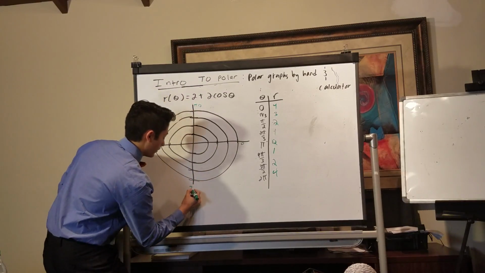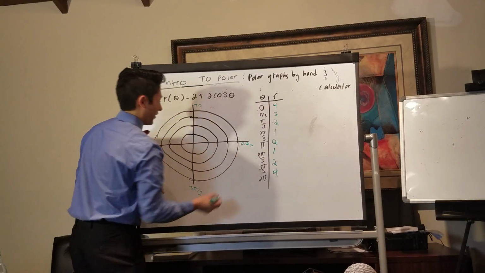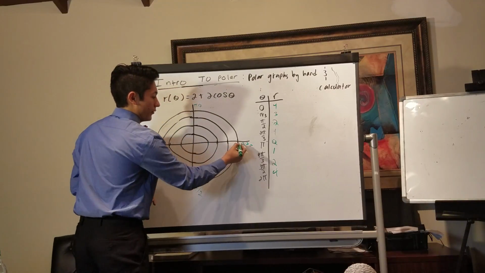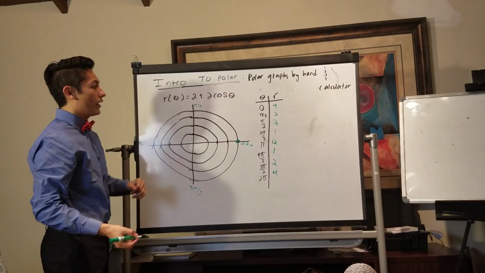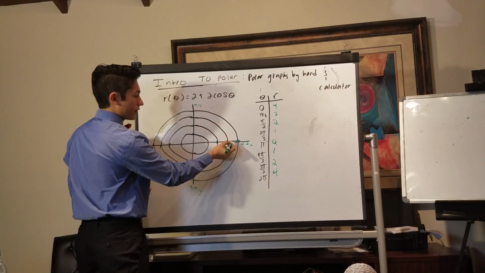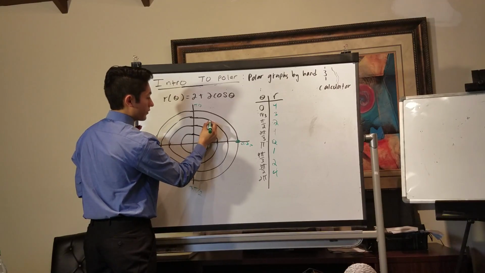Pi, 3 pi over 2, and 2 pi. Okay. Now, 0 is going to start right at 4. Right here. Then pi over 3 is going to be a radius 3 here. So it's going to be somewhere around here.